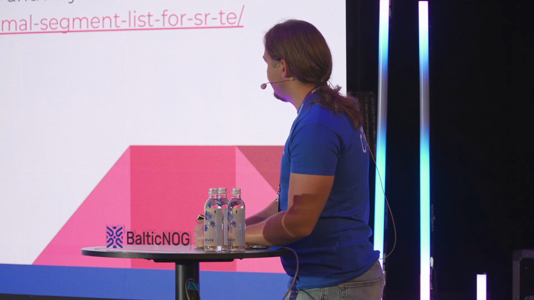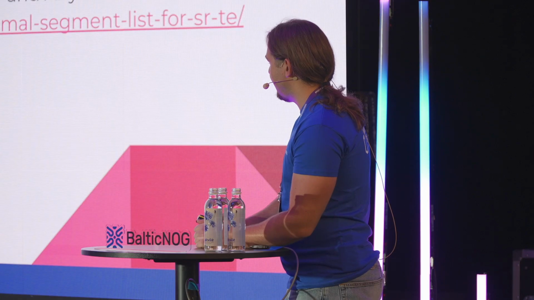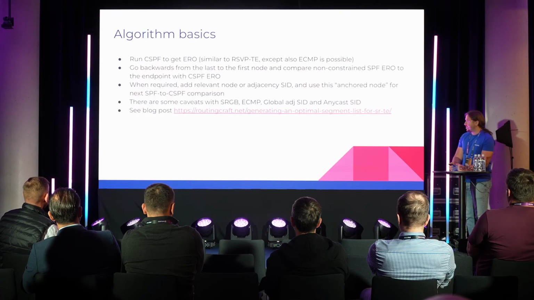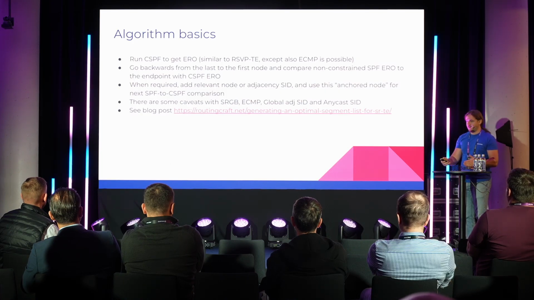So the algorithm, I put a more detailed blog post explaining the algorithm, but the overall idea is that first we need to calculate the constrained shortest path first, and then as we know the path, we go from the last node to the first node and compare constrained shortest path first with regular non-constrained shortest path first and see if it's the same or different.